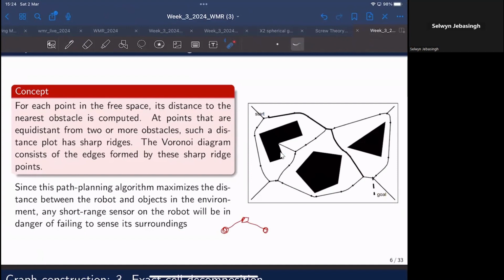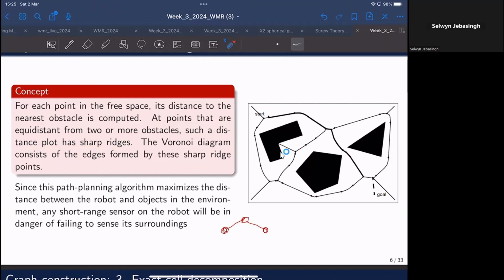Okay, so what next? At points that are equidistant from two or more obstacles, such a distance function has sharp ridges. So, when the robot is at a point which is equidistant from these two obstacles, consider for example, if over here is the robot and it is by default at an equal distance from this obstacle, maybe obstacle 1, and this will be obstacle 2.